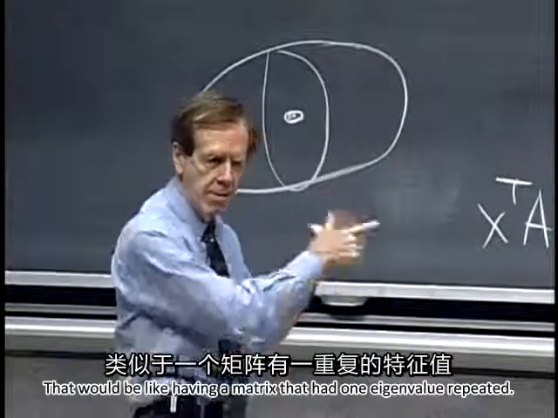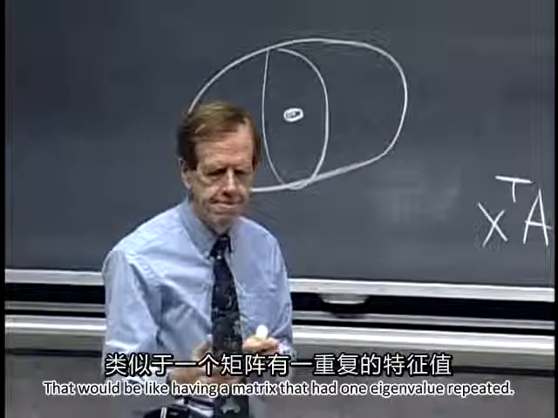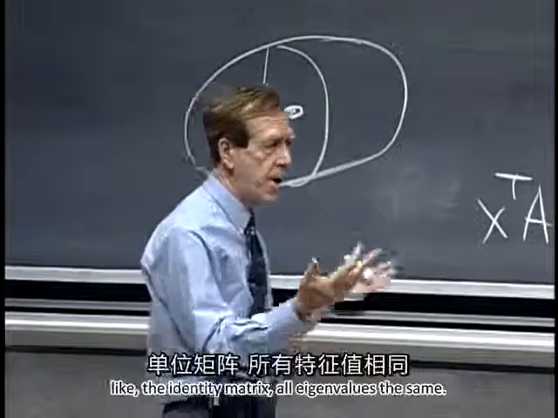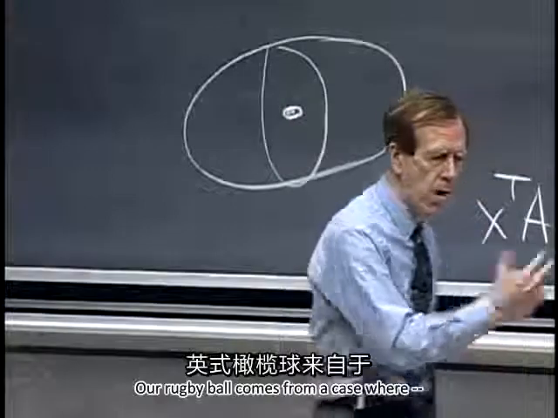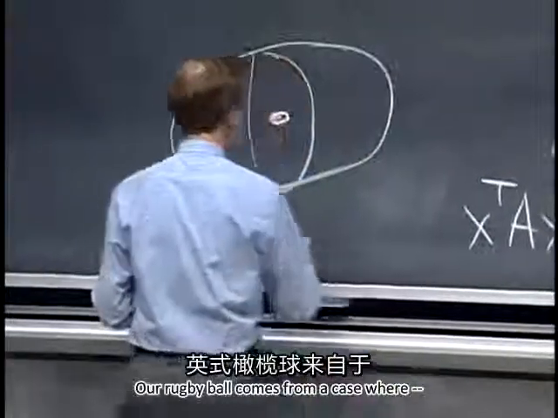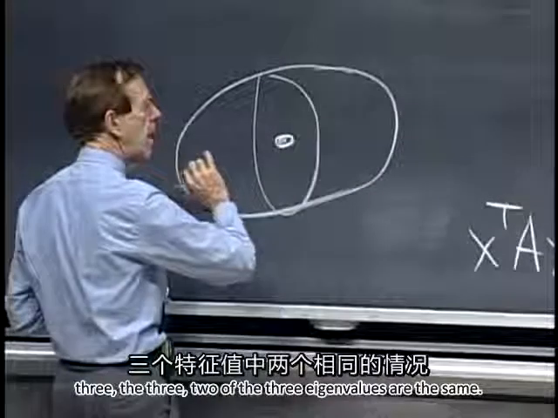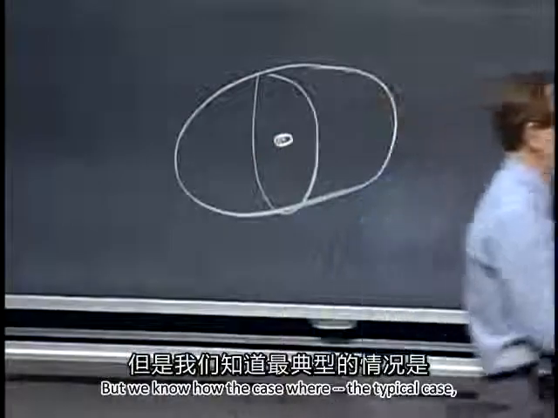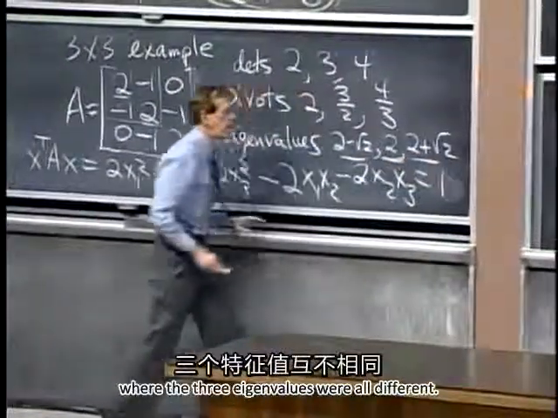That would be like having a matrix that had 1 eigenvalue repeated, and then 1 other different. So the sphere comes from like the identity matrix, all eigenvalues the same. A rugby ball comes from a case where 2 of the 3 eigenvalues are the same. But we now have a case where, the typical case, where the 3 eigenvalues are all different.